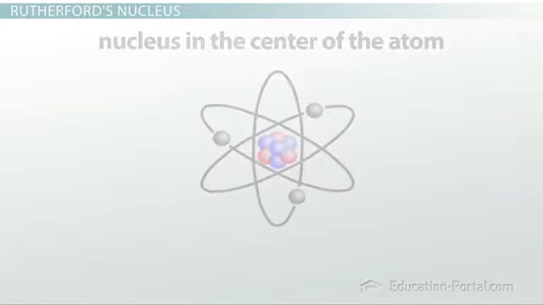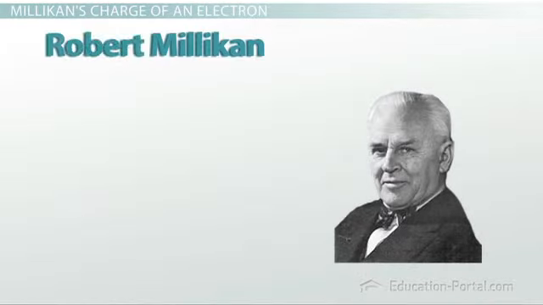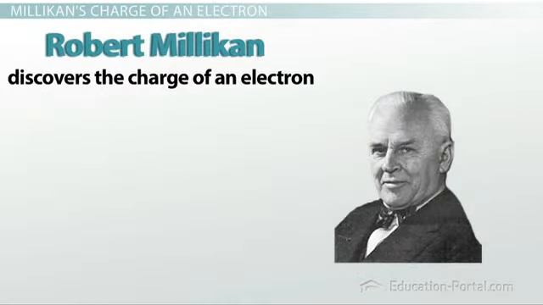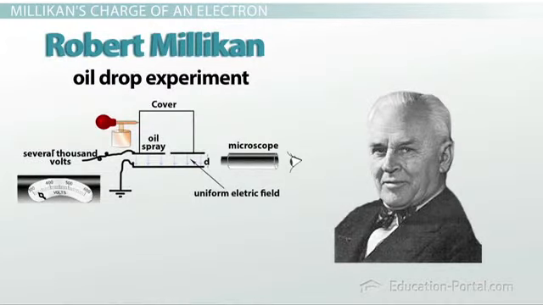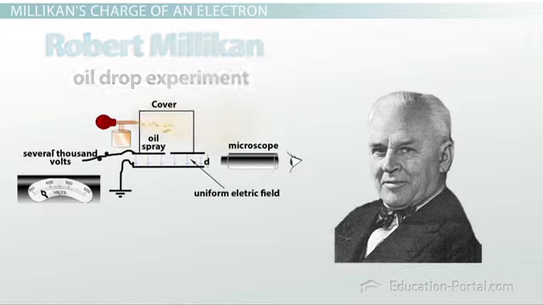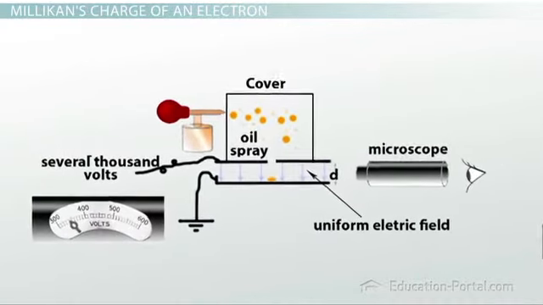Finally, we will move forward a few more years when Robert Millikan discovers the charge of an electron. He did this using his famous oil drop experiment, where he sprayed charged oil drops between two metal plates.